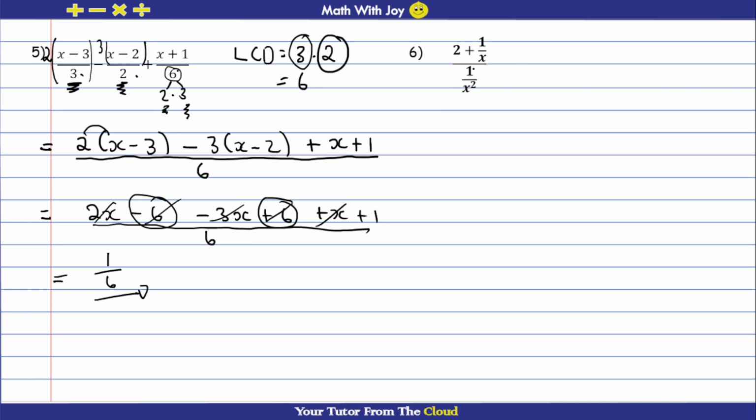Number 6, I'm actually going to rewrite it for those who don't see what's going on here. You have 2 plus 1 over x, divided by 1 over x squared. That's what you have. Now we have to simplify this. In order to simplify it, you first have to make sure that the numerator is simplified.